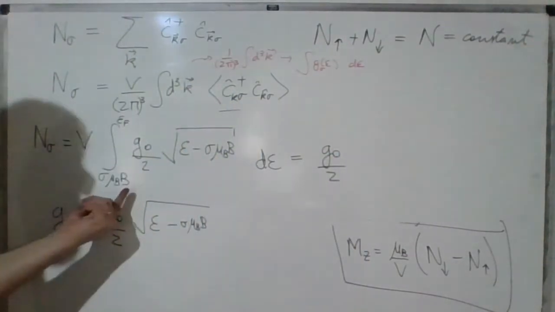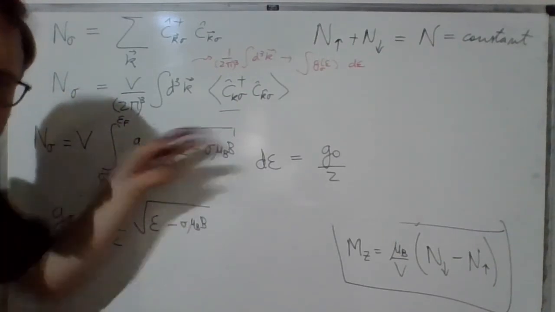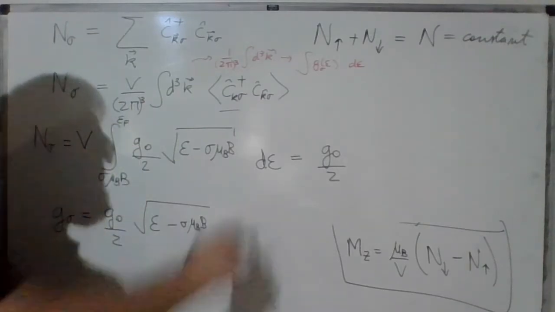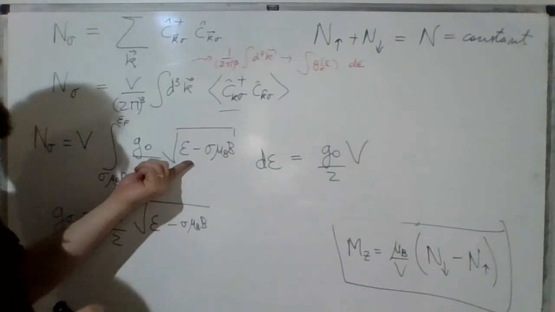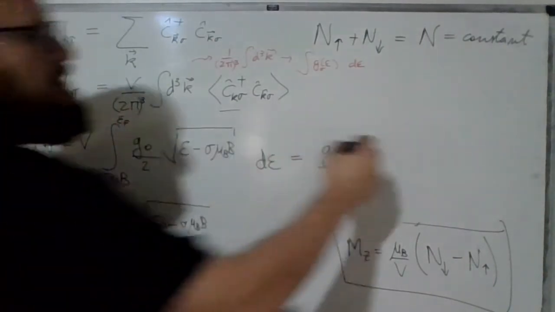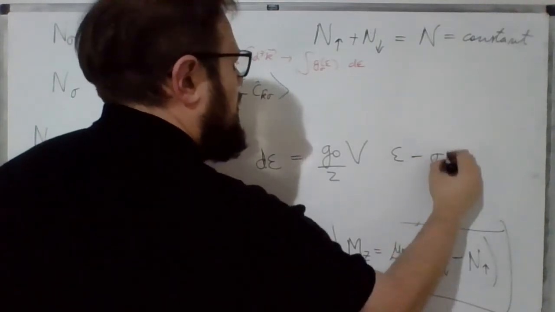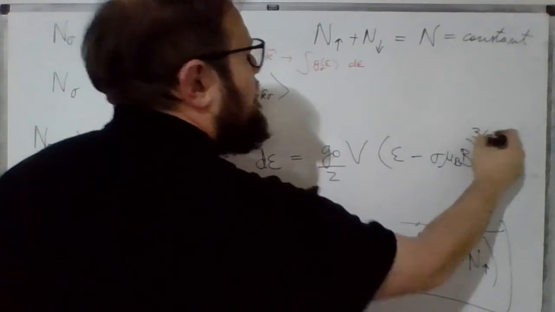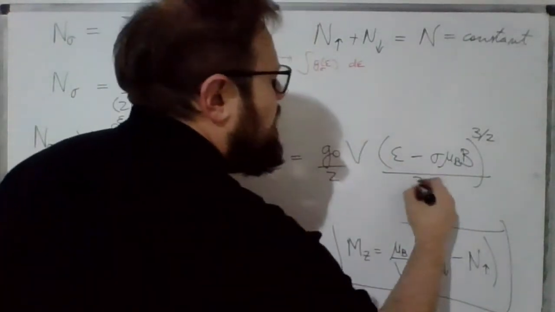If you replace the lower limit in these integrands after the integration, you get 0. This is a constant, so G0 over 2 times the volume. This integral just corresponds to the same thing, but to 3 halves, because it's 1 half, and divided by 3 halves.